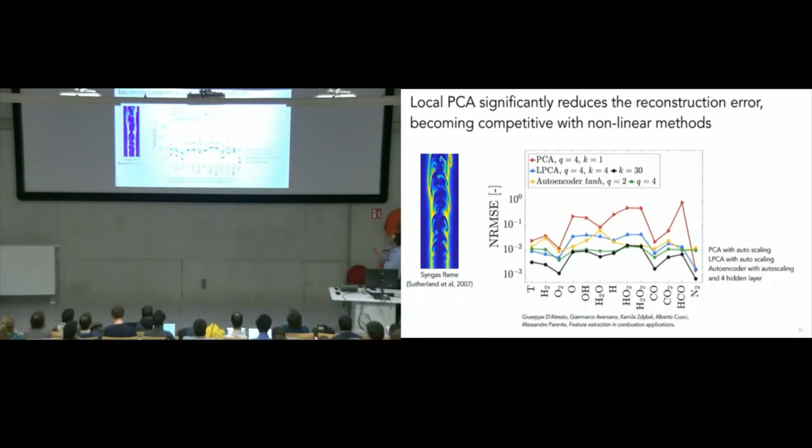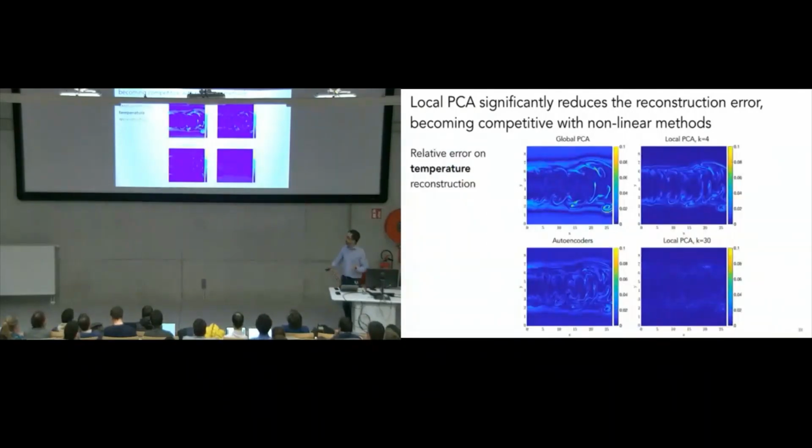So you see here the reconstruction error for the different variables. This is the DNS flame of reference. And so you see the results obtained with the different approaches, PCA, local PCA, and the different autoencoders. And you see here very clearly the global PCA results. These are all relative error on temperature.